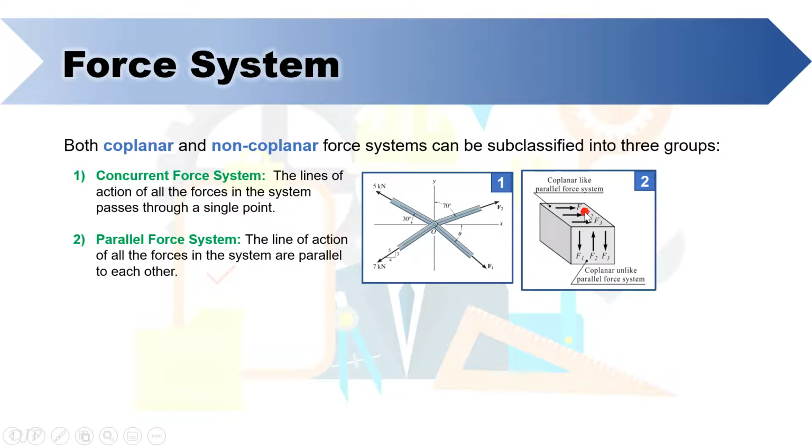On the other plane, at the top, they are acting on one plane, they are parallel, and all pointing in the same direction. Therefore, they are considered a coplanar, like parallel force system.